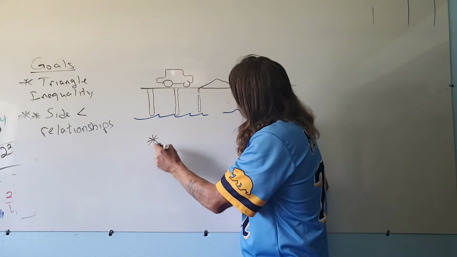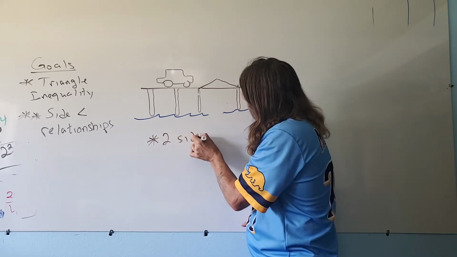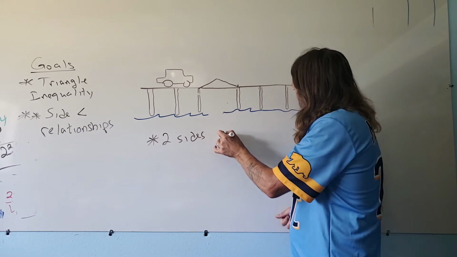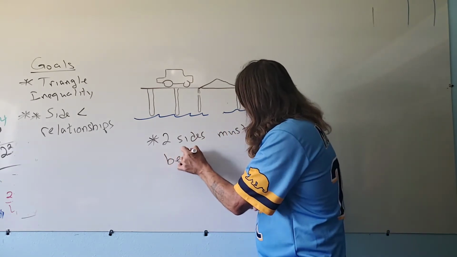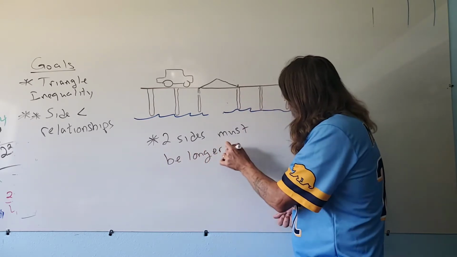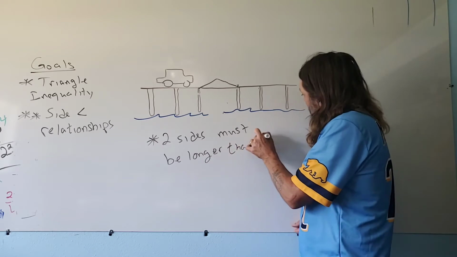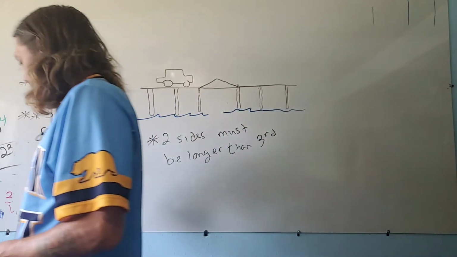So let's make that a point. Two sides must be longer than the third. This is our premise to make a triangle, right?